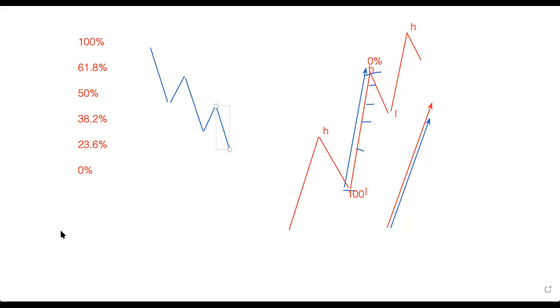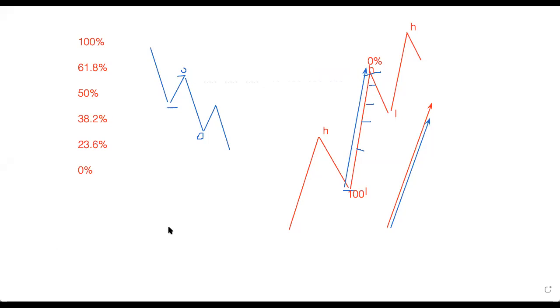Now we have what we call lower lows and higher lows, whereby our lower lows will be here and our higher lows will be here. So what we're actually going to spot is we want to spot a higher low here and a lower low here.